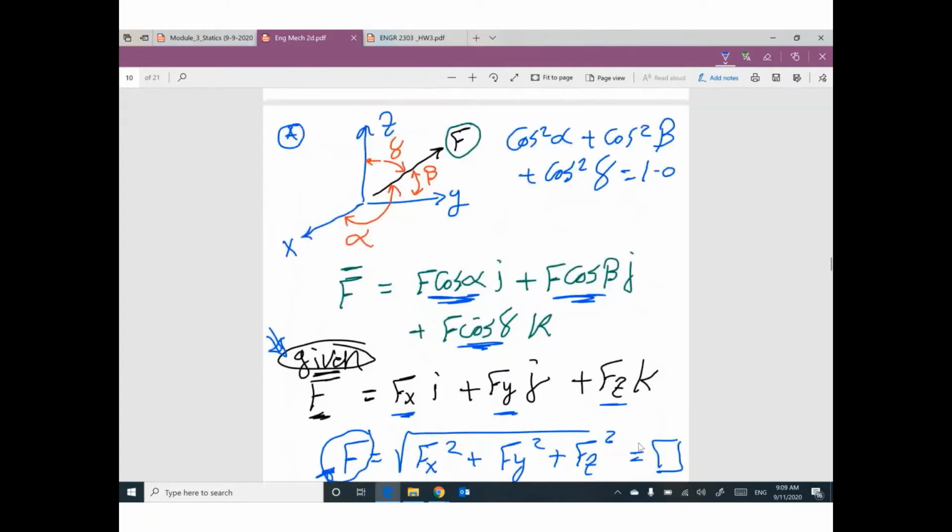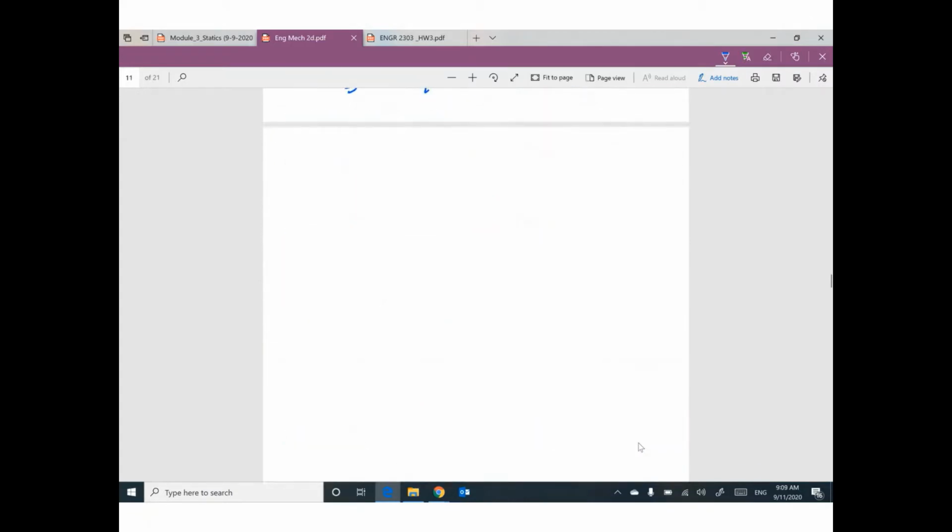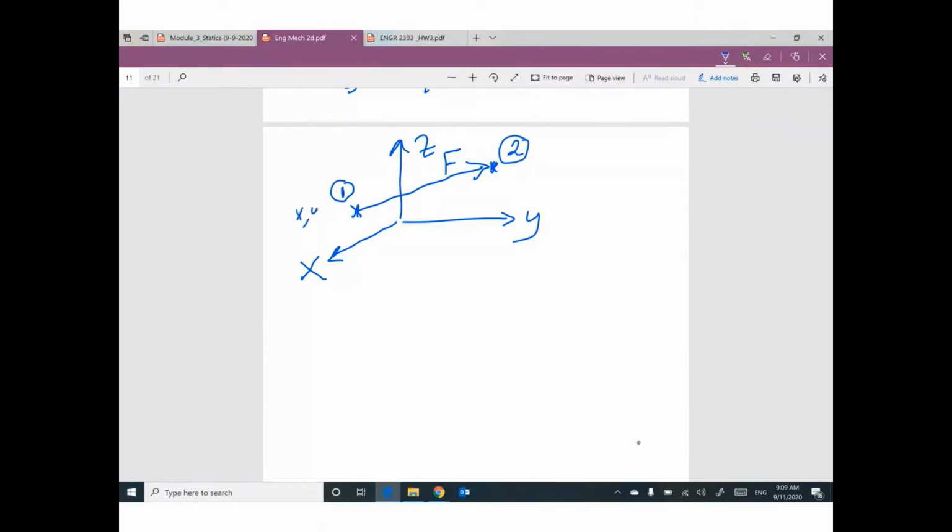We covered also last time, if you have a force, here is x, here is y, here is z. We have a force F passing through 2 points. First point, second point. And I can figure out coordinates of each point, x, y, and z for point number 1, x, y, and z for point number 2.